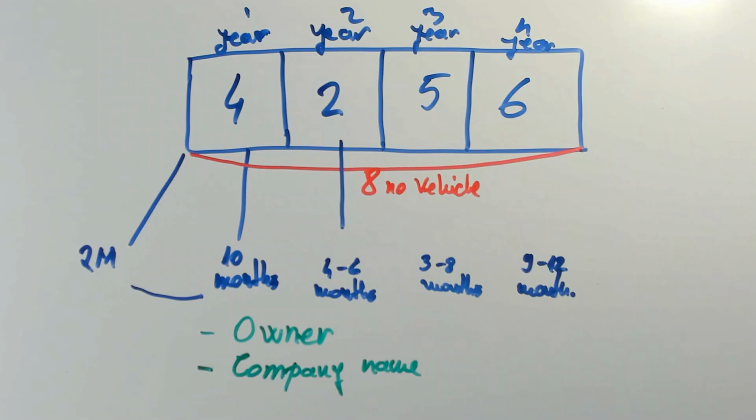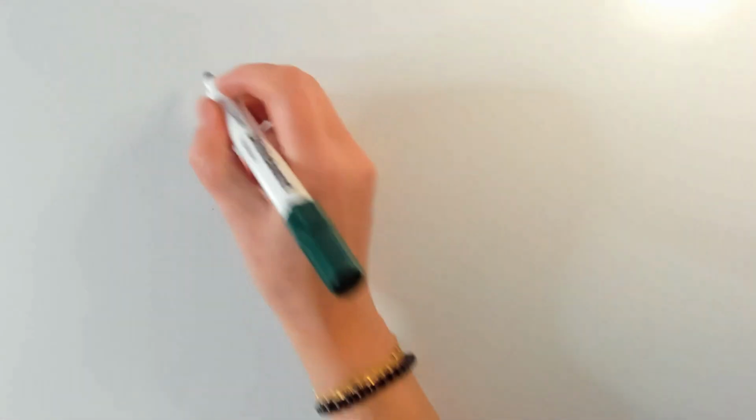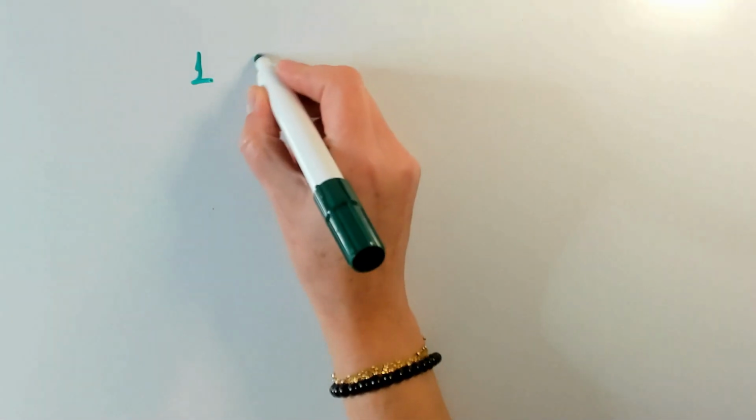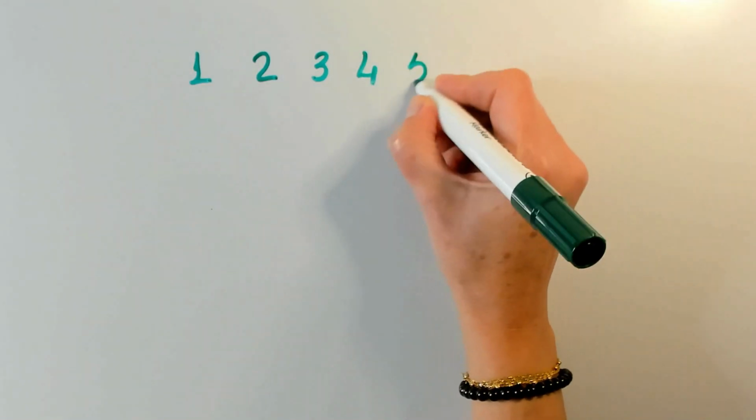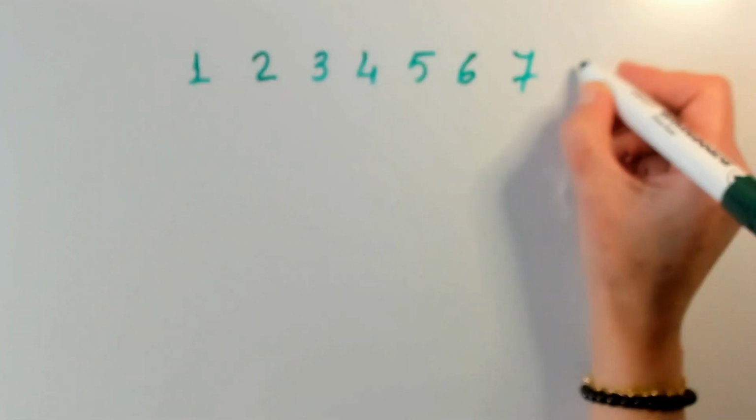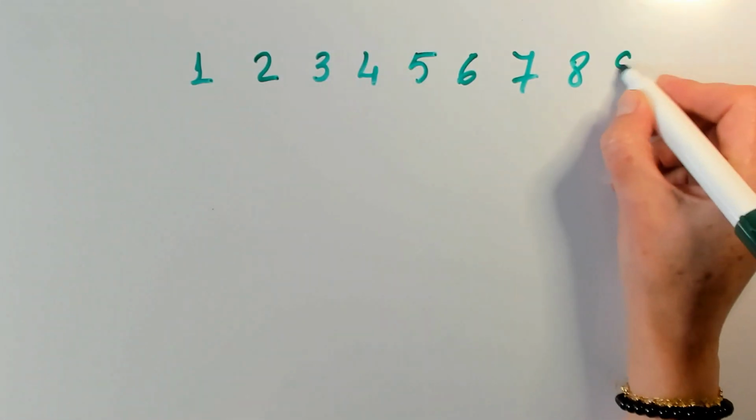So I'm going to write it just now to see the numbers, how you correlate the letters with the numbers by numerology to be easier now for you. So I'm going to write 1, 2, 3, 4, 5, 6, 7, 8, 9.